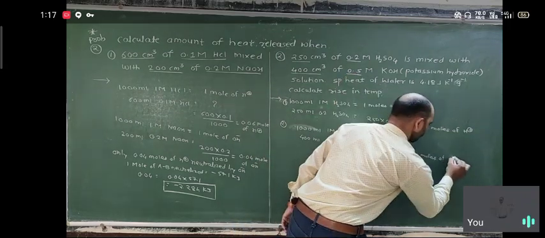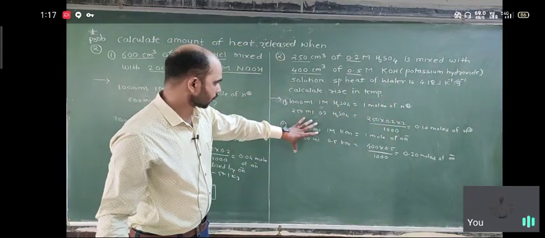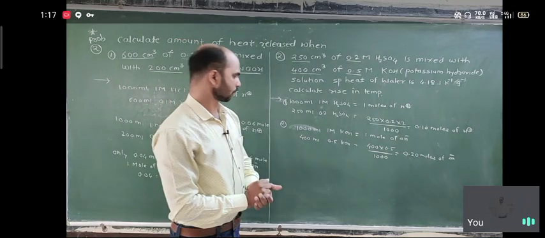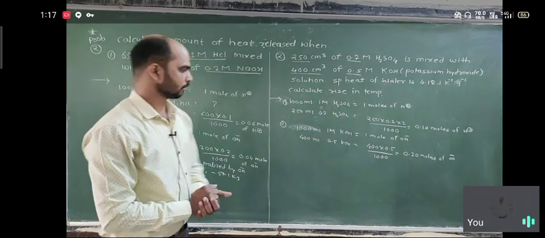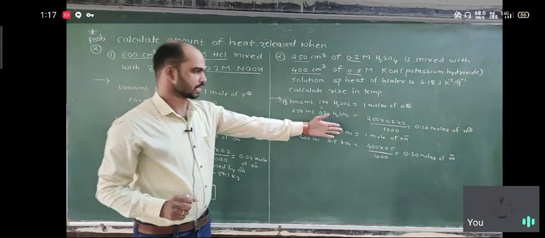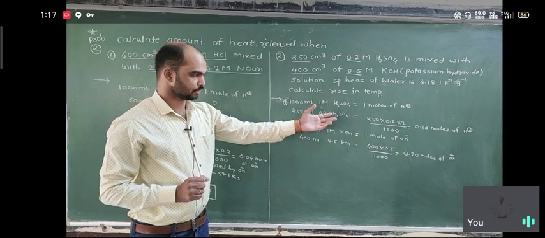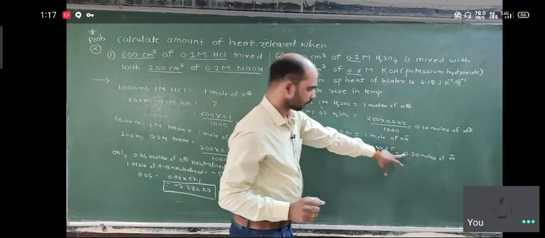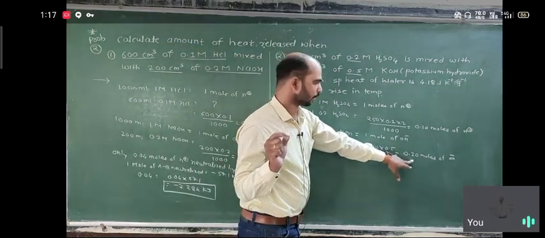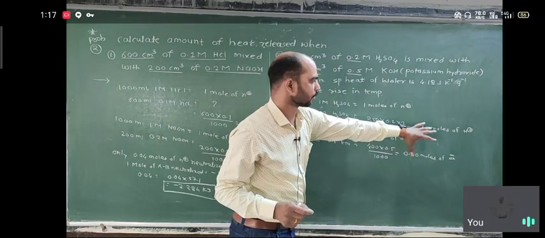You can see here the concentrations of H2SO4 and KOH are different, so the number of moles are different. KOH has more moles as compared to H2SO4. So out of the total 0.20 moles of KOH, only 0.10 is used to neutralize the 0.10 mole of H plus.